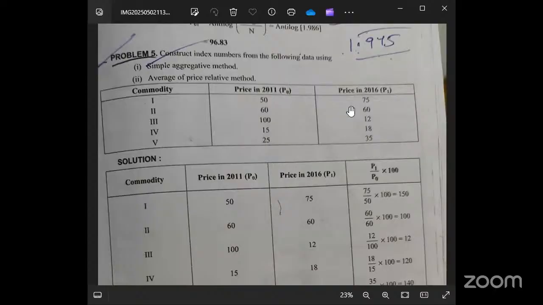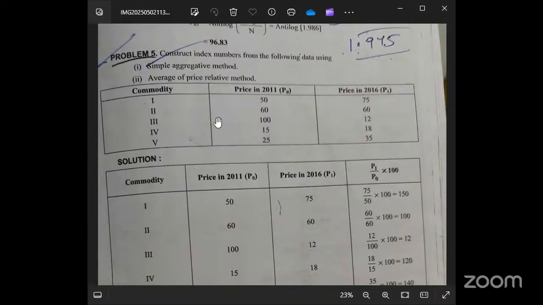See this problem. Construct index numbers by two methods, simple aggregate method and average of price relatives.